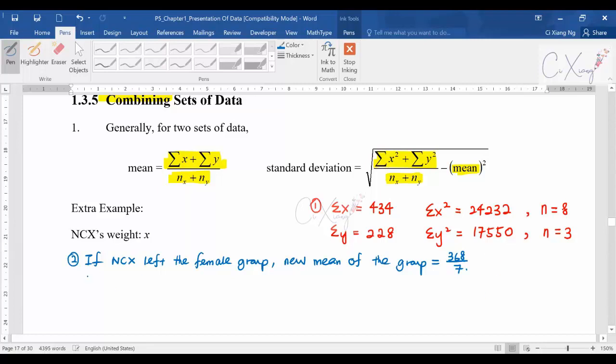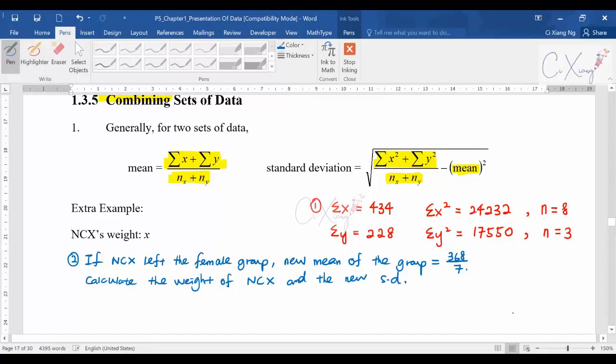Okay, and then maybe I want you to calculate the weight of x and the new standard deviation.